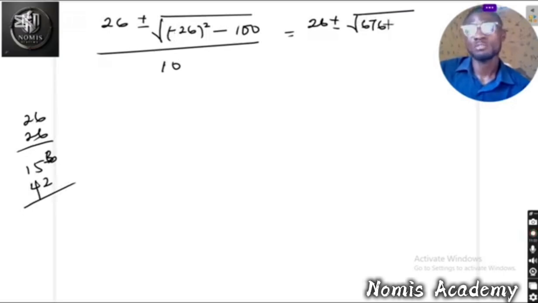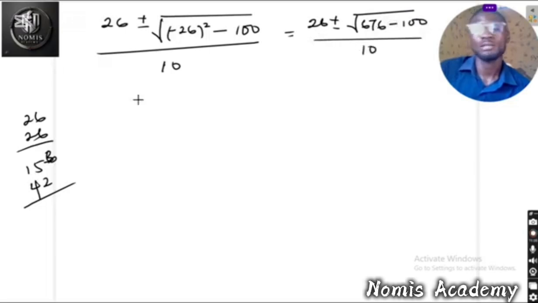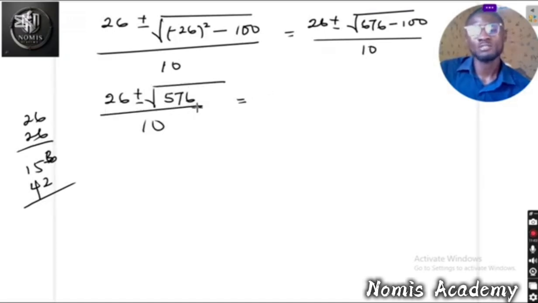Because minus times minus is plus, we have positive 676 minus 100 all over 10. So this becomes 26 plus or minus the square root of 576 all over 10. You know, the square root of 576 is just 24, right?